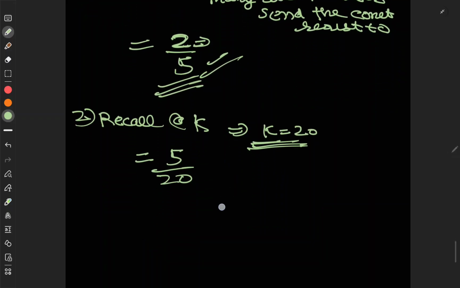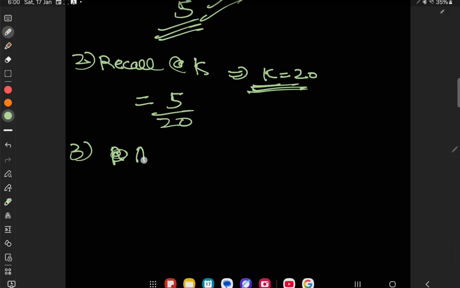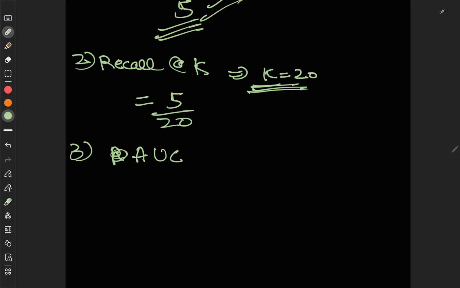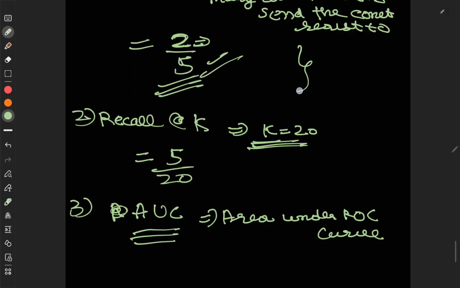Then comes the most important metric, that is AUC, the area under the ROC curve. Why is this metric important? These two things can tell you whether your model is good or not, but they don't tell you the ranking quality.